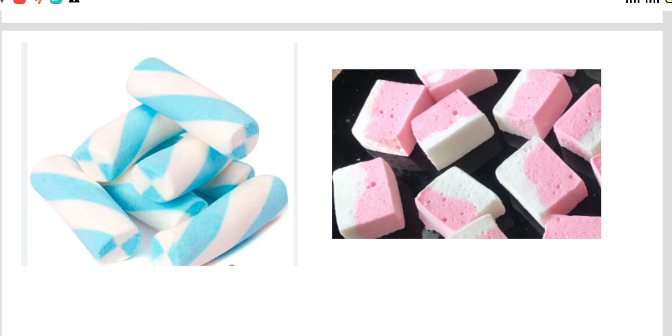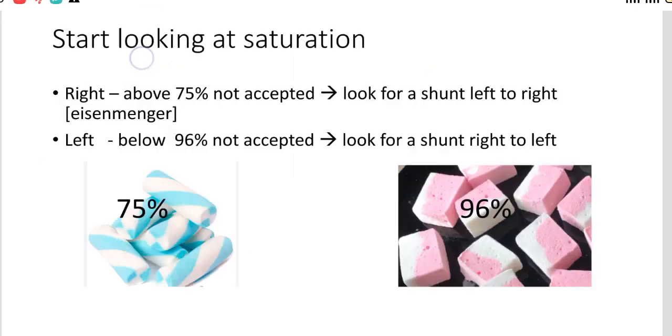In the right side we expect a low value, so it should be below 75. If it is more than 75, that's a problem. And in the left side we expect values more than 96. If less than 96, that's a problem. So with the saturation change, the gap, we can decide at which level the shunt is occurring.